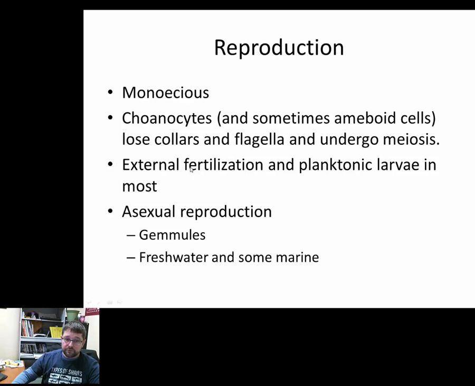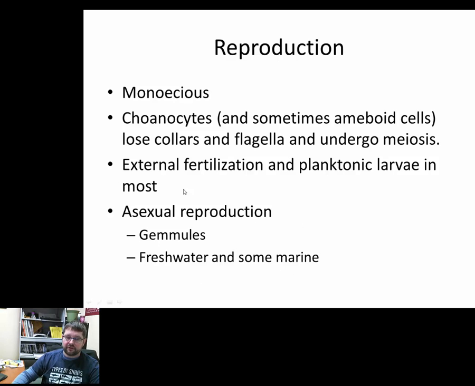We do know that in asexual reproduction, that's exactly what's kind of going on with sponges. They do form gemmules. So that chunk that breaks off can get established, and it would have enough of the three different cells to establish itself and become basically a clone of the parent.